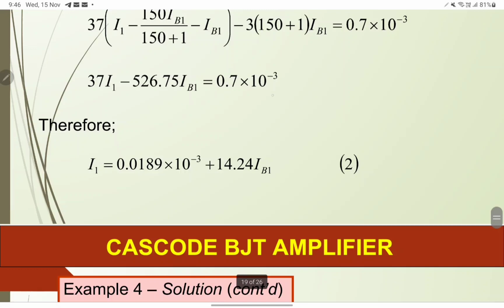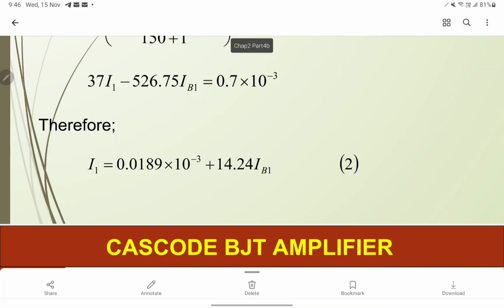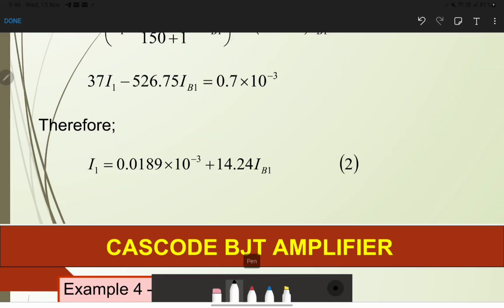So after that, from this equation 2, you rearrange it and make the equation in terms of I1.